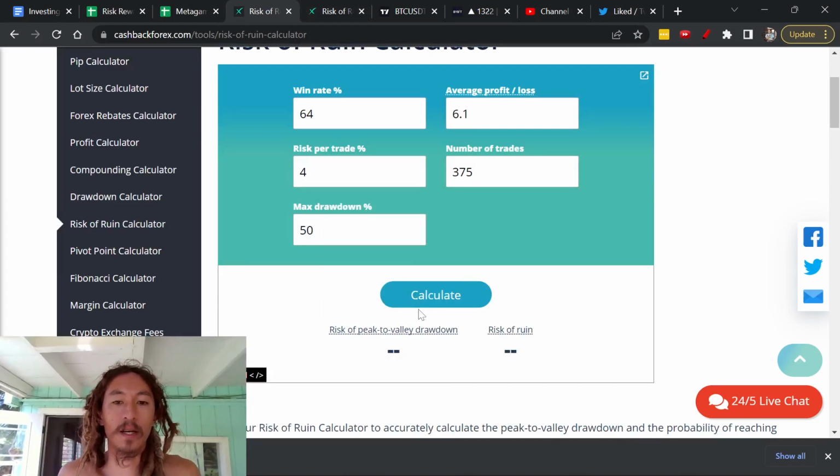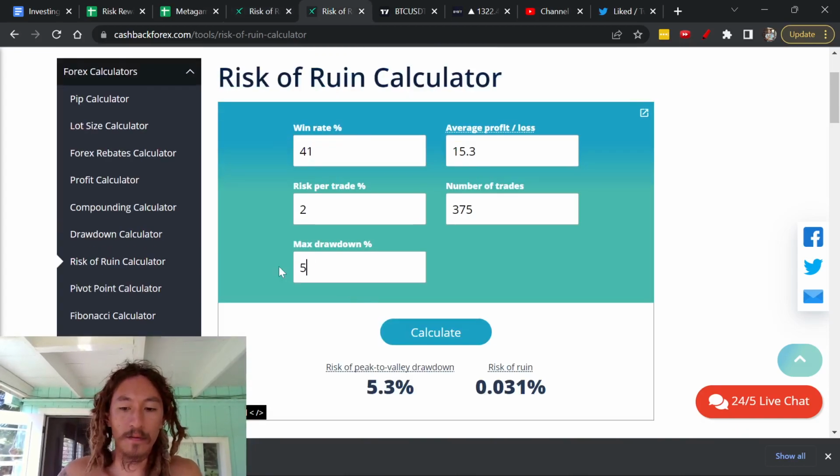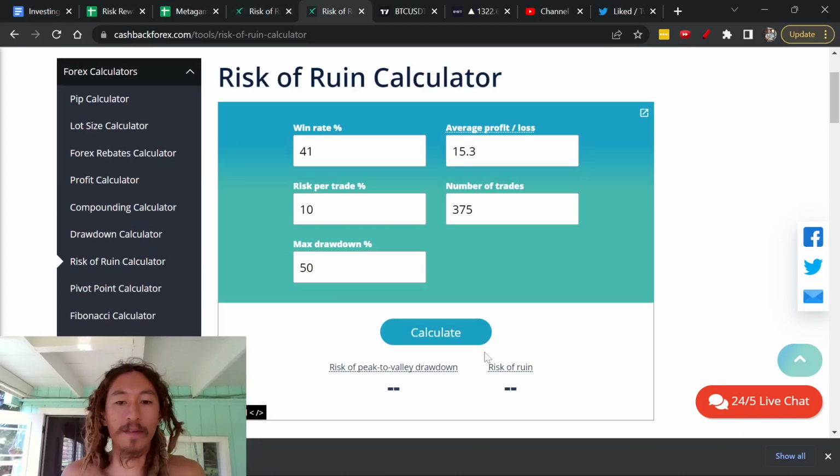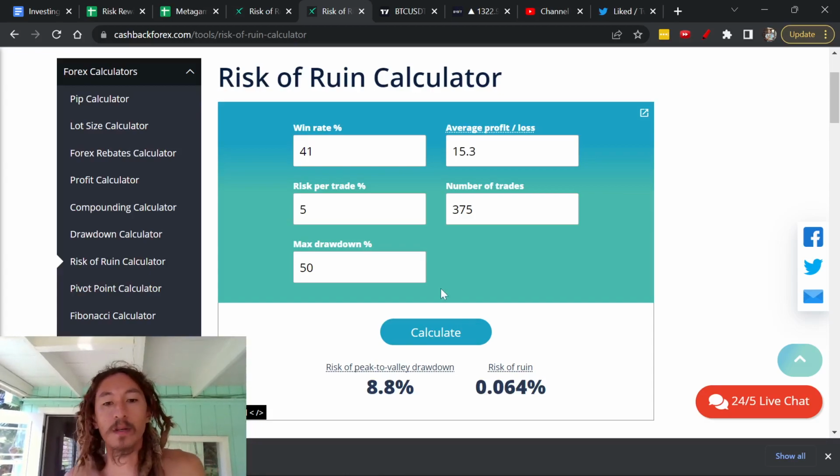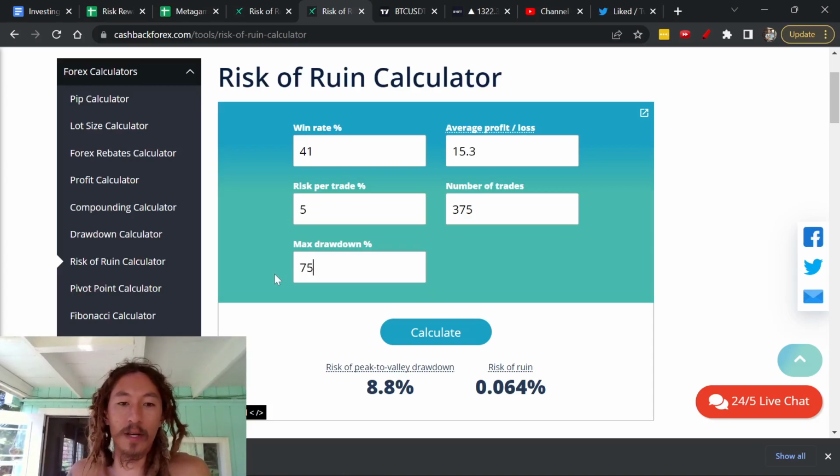So like, I don't want a max drawdown of 50%, but imagine if I allowed 50% drawdowns and I risk 10% per trade, like it's going to happen over the next year. Do I want a 98% chance of losing half my net worth? Well, if I risk 5%, there's a 10% chance I have a 50% drawdown, which I don't want.